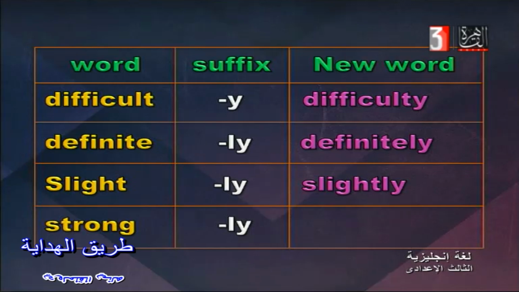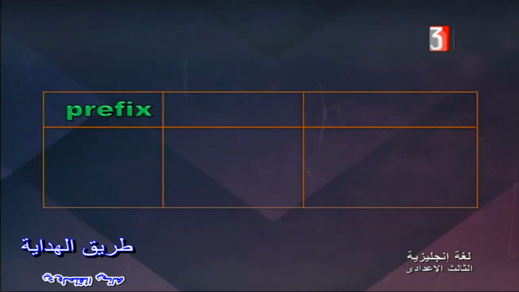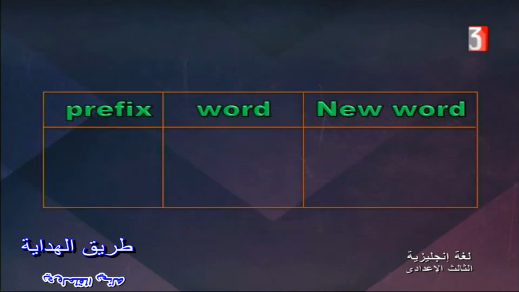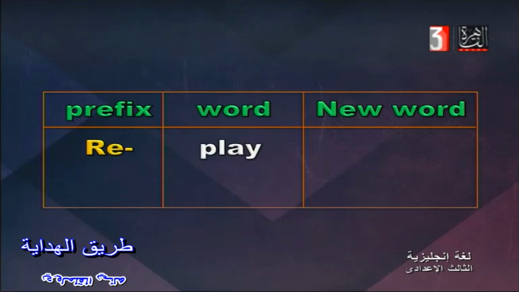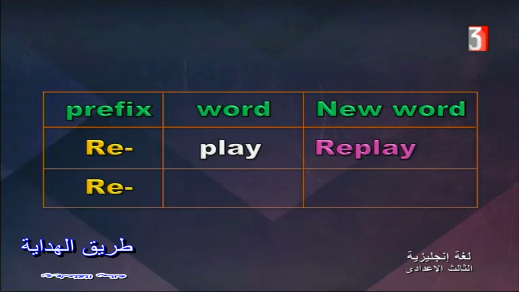Let's continue. We have here prefixes. We have re, in order to say that something happens again, okay? So do the action again, which means re. Like in the word play, in order to say play it again, شغل ده تاني, replay. We have re also in write, rewrite, يعيد كتابة.